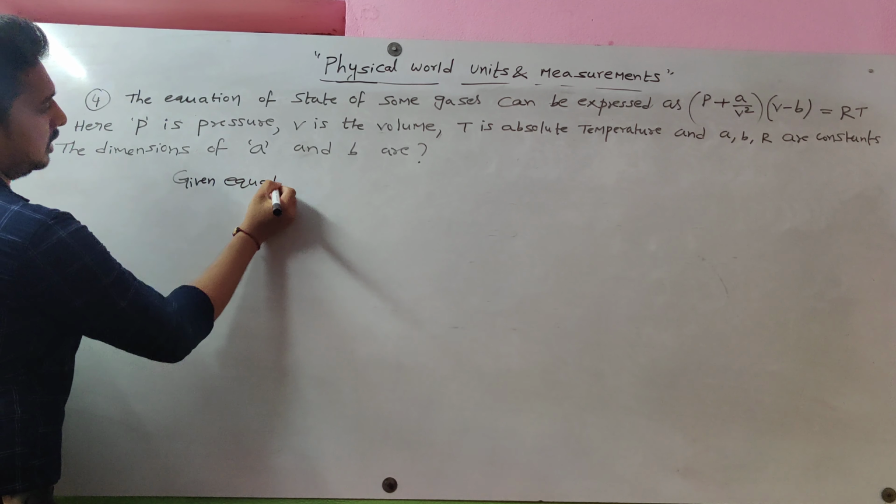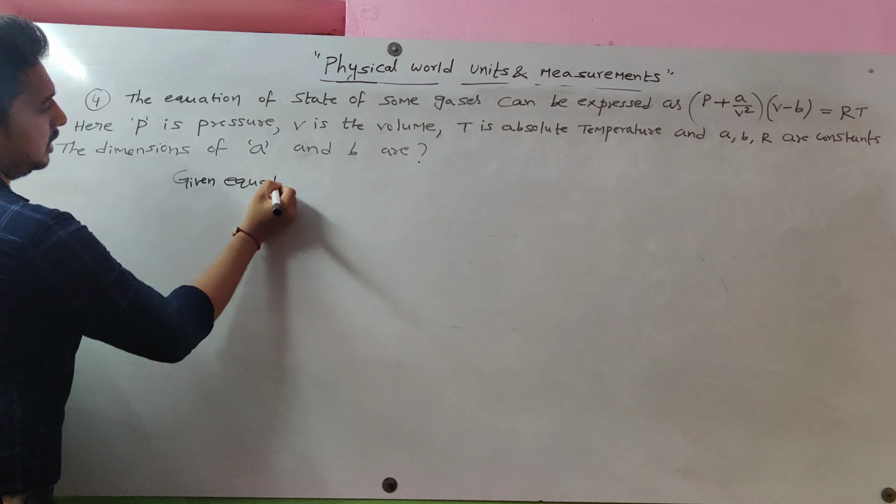P plus A by V square, times V minus B. Here A by V square is added to P. According to our dimension rules, if one parameter is added to another, their dimensions are the same. So dimensions of P is equal to dimensions of A by V square.